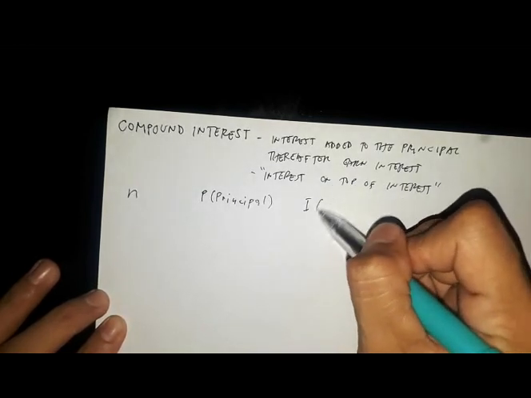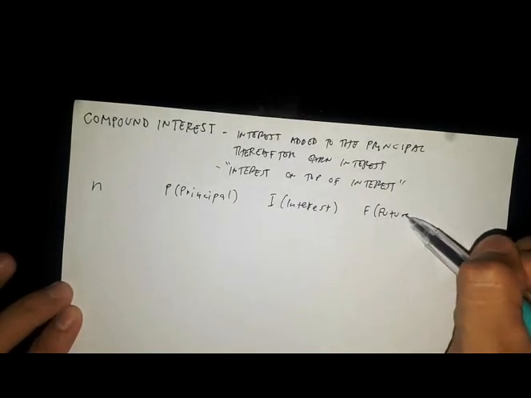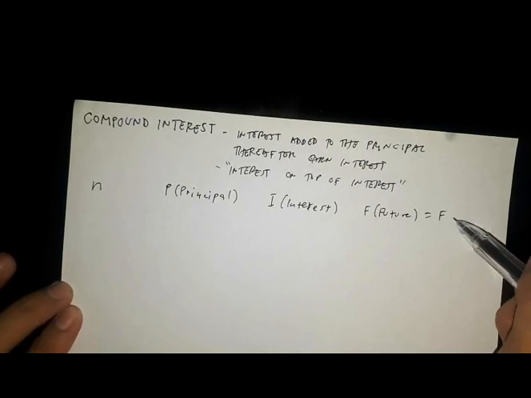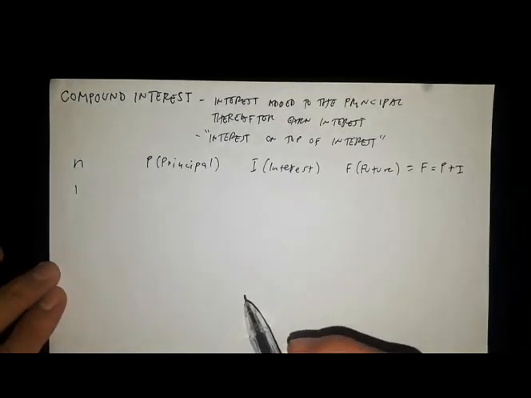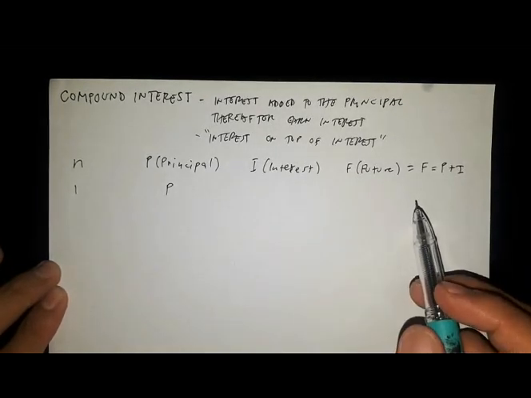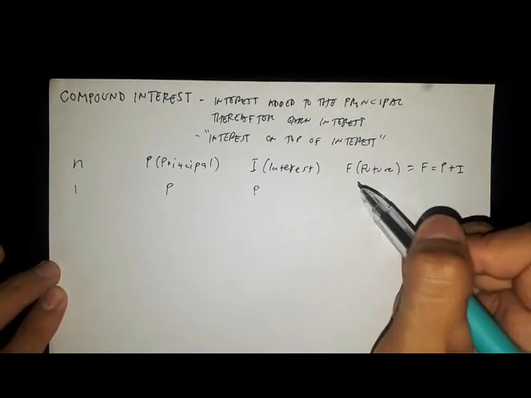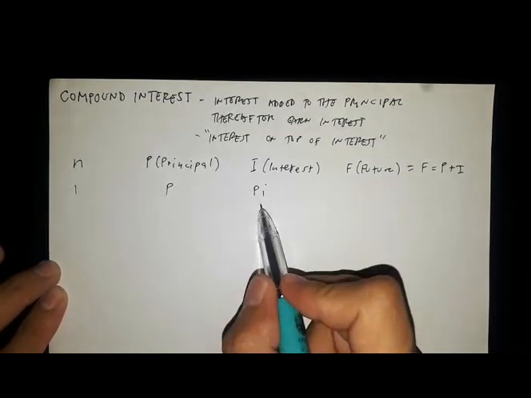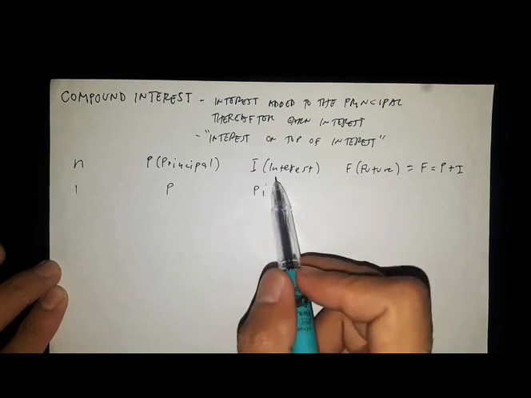We have I for interest, and we have F for the future amount, given by the formula F equals P plus I. So at the first period, the value of your principal is P, while your interest is your principal multiplied by the interest rate. So that is the interest earned.